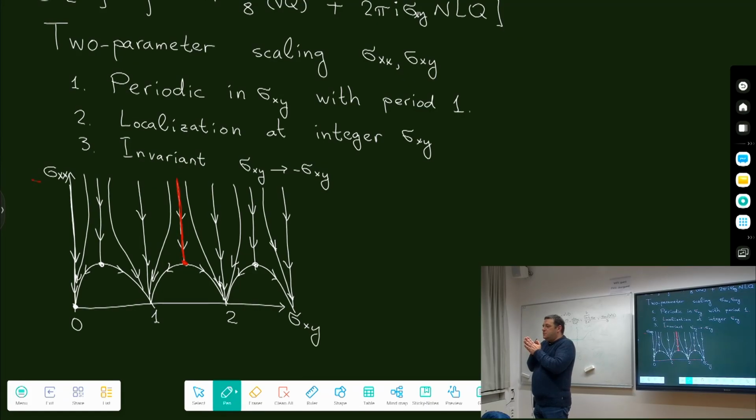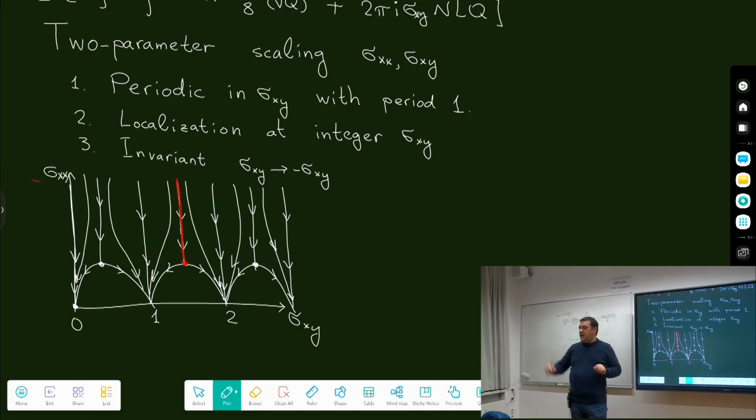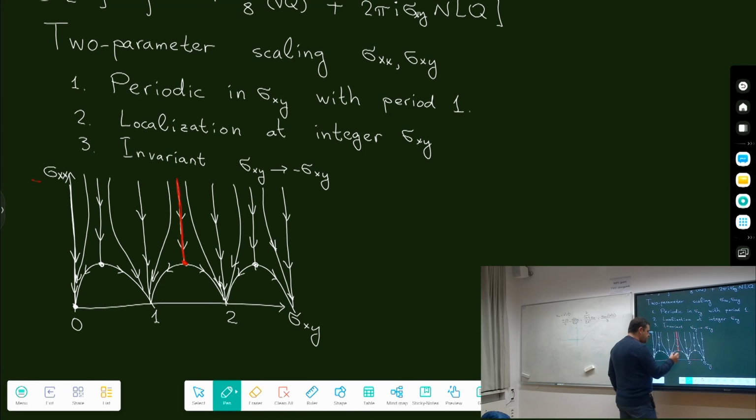So your flow actually stops at this point. And this point where it stops has exactly half integer value of sigma xy and has some finite value of sigma xx. And this point has a name. It's repeated in each period.